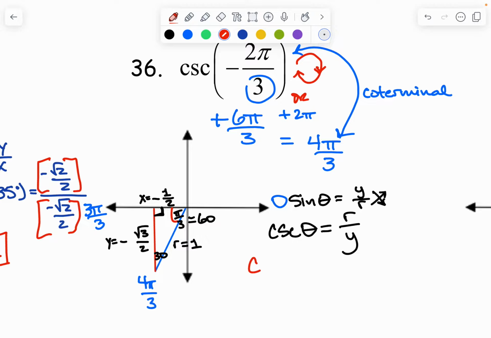So in this case, the cosecant of negative 2 pi over 3 is going to be 1 divided by negative square root of 3 over 2. Now, I'm dividing by a fraction, which means I need to keep change and flip.